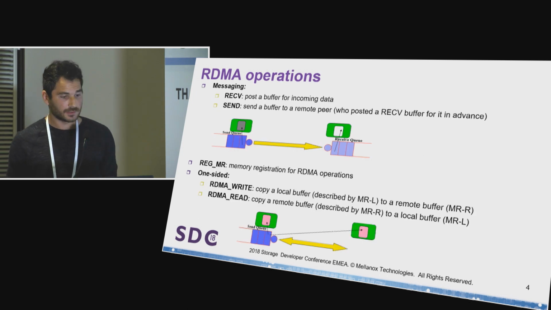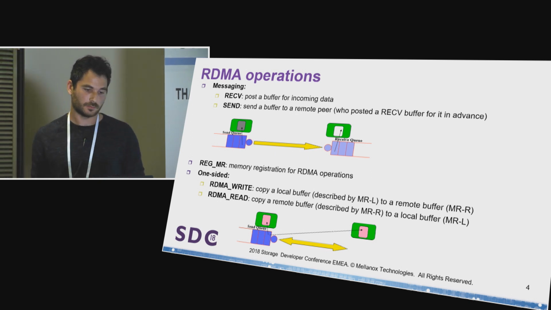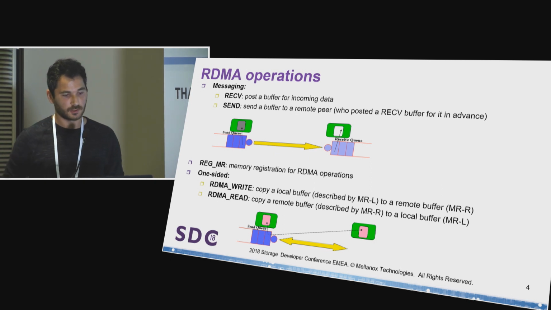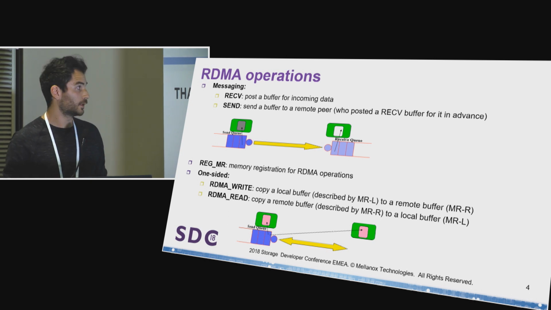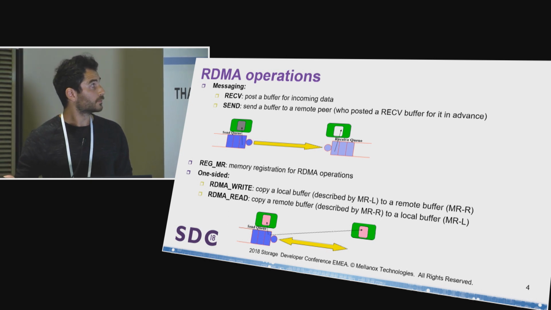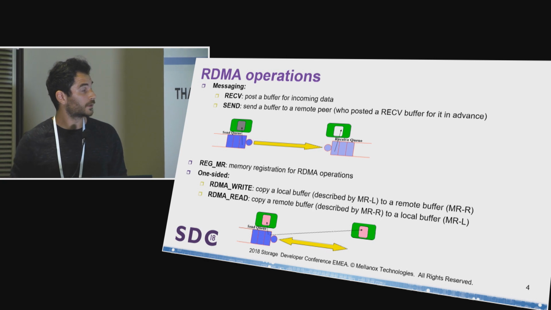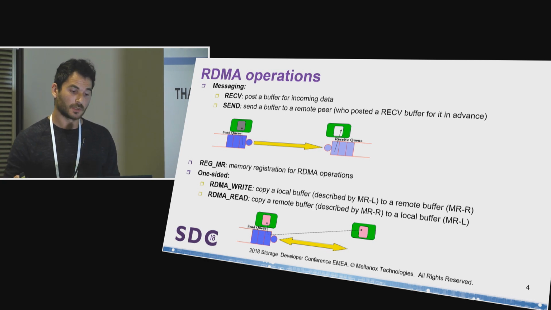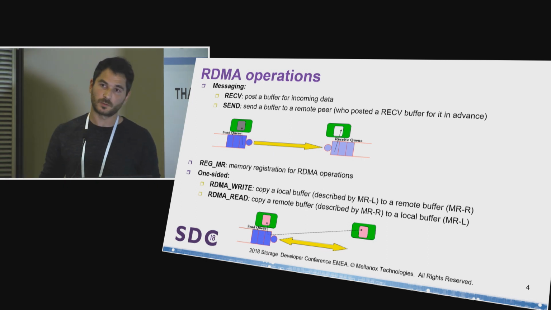So I summarized the basic operations of RDMA, and I categorized them into 2 main groups. We have the messaging group, where both sides are aware of the transaction. We have 2 basic operations that we use. The first one is posting a buffer for receiving data from the wire.